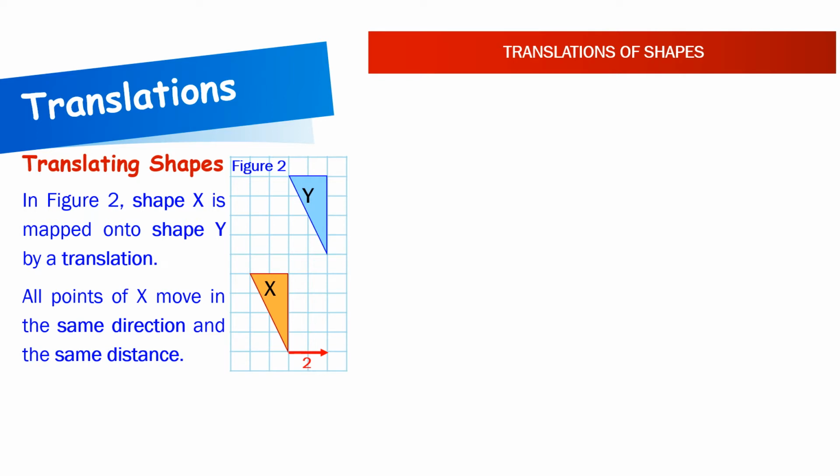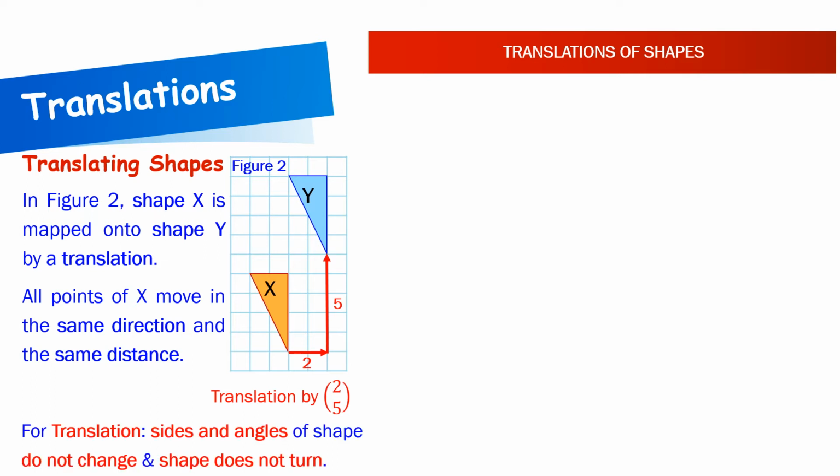So the shape X moves in the X direction by 2 units, and then moves in the Y direction by 5 units. This is a translation by 2, 5 as a vector. So for a translation, the sides and angles of the shape do not change, and the shape does not turn.